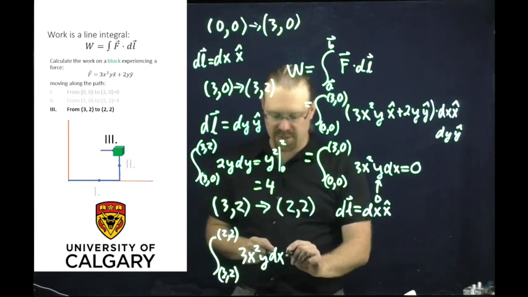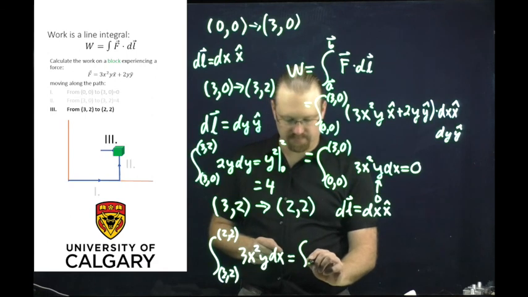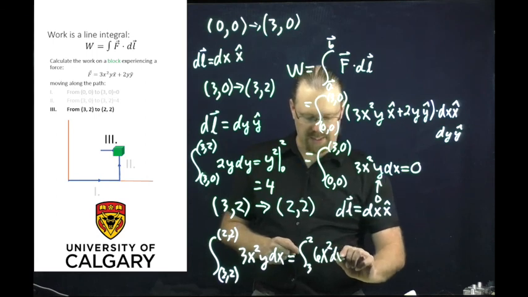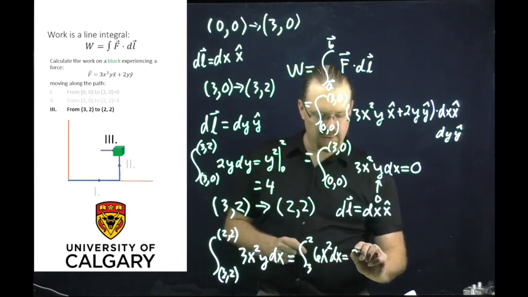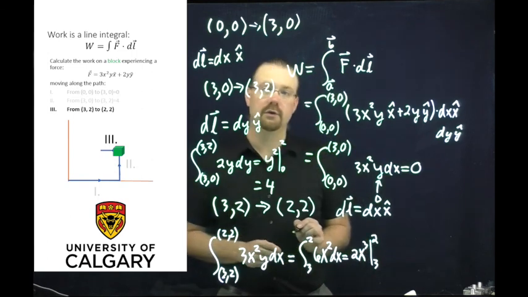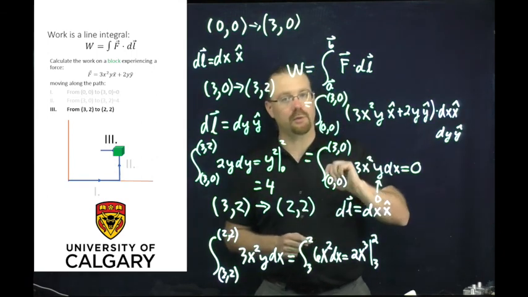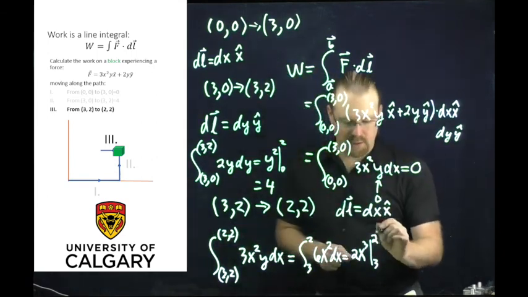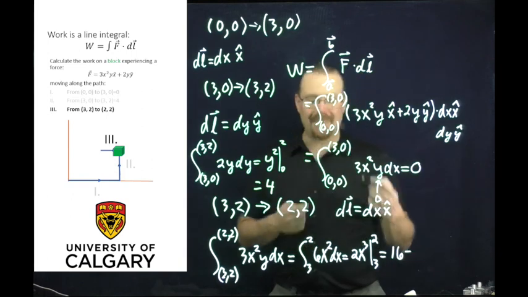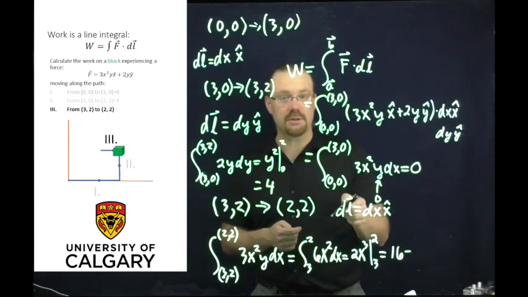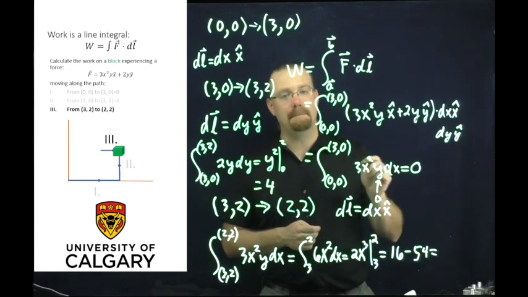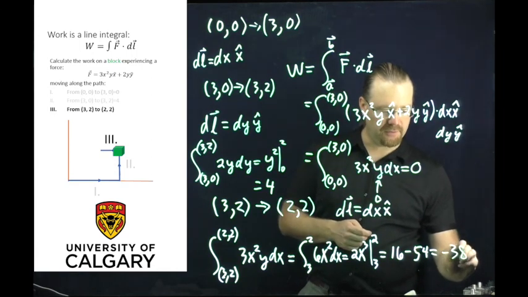And because y equals 2, we can say that this is equal to 6x squared dx, which is going to be 2x cubed, evaluated from 3 to 2. And because it's evaluated from 3 to 2, we put in 2 cubed times 2 is, of course, 16, minus 3 cubed, which is 27, times 2, which is 54. And 16 minus 54 is negative 38.